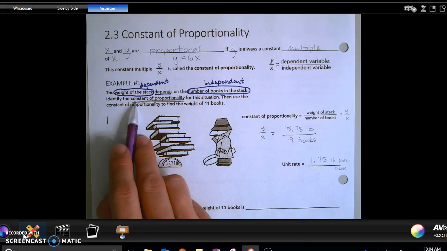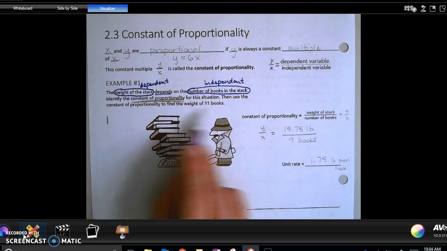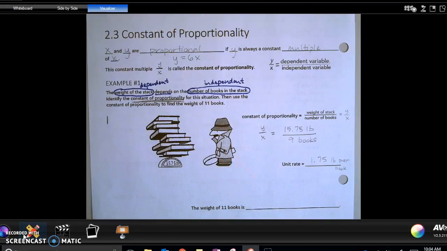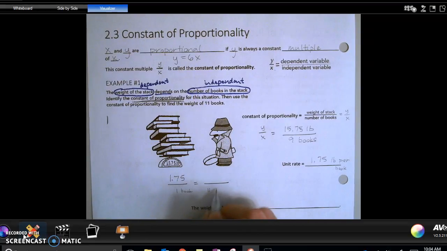What I'm looking for was my constant, and now I'm going to use it to find the weight of 11 books. So I'm going to take this unit rate, and I'm going to write it in a proportion, because I can use equivalent ratios to help me solve this problem. So now I'm asking myself, how do I turn one book into 11 books?